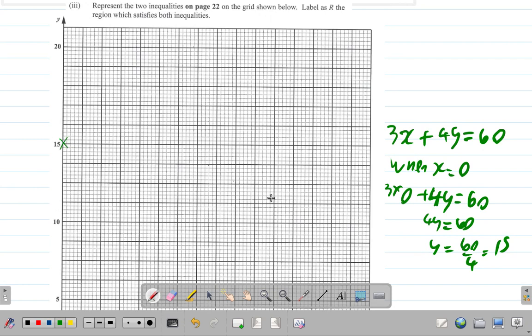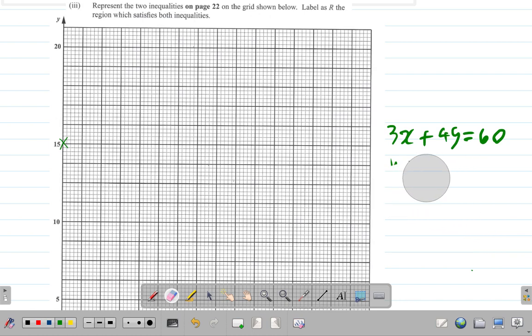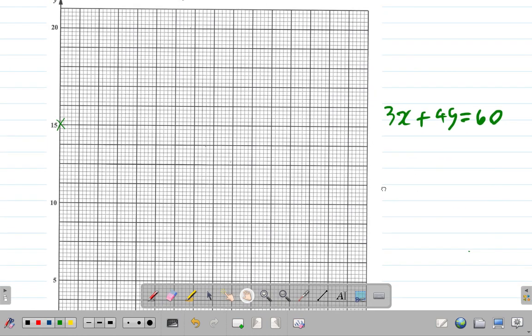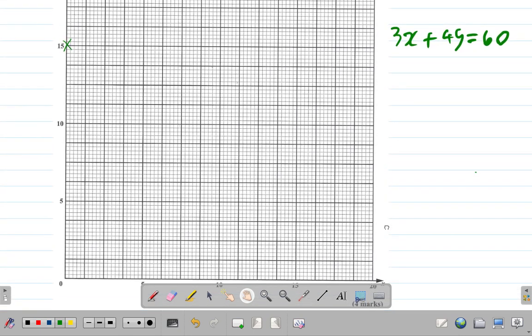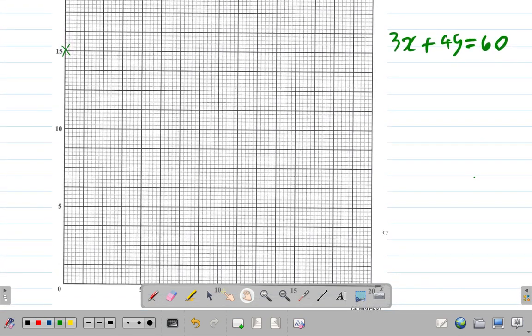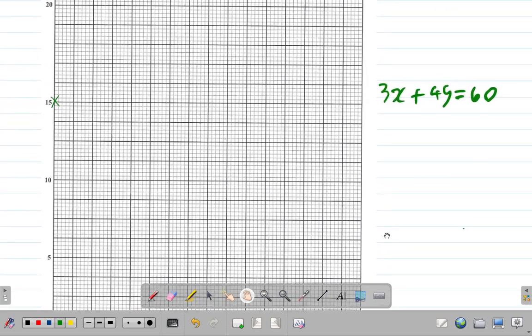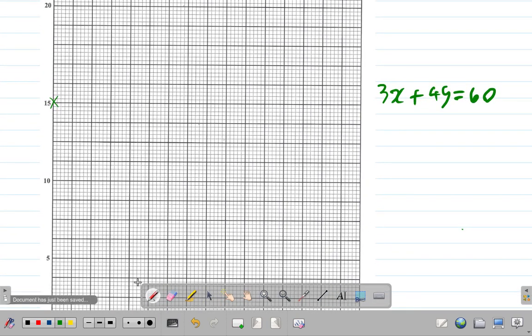Good. It's going to be a straight line, I can see. So you don't need more than 2 points, but we can try a third, just in case we make a mistake. It's good if we try a third point. Before we try, I wonder if it crosses when y equals 0. We can try when y equals 0 and see what happens.